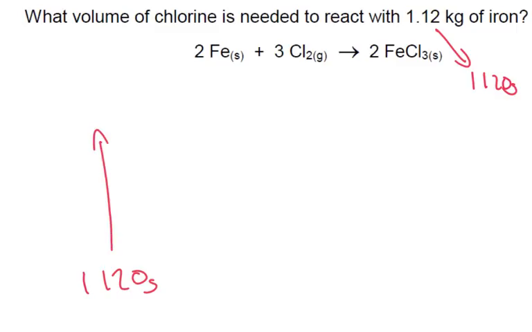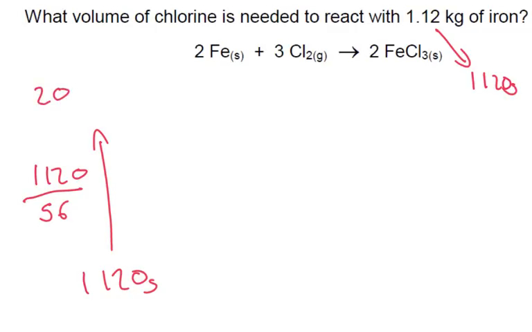Well, iron on the periodic table is 56, so 1,120 divided by 56. This is going to tell us how many moles we've got. So 1,120 divided by 56, we've got 20 moles.